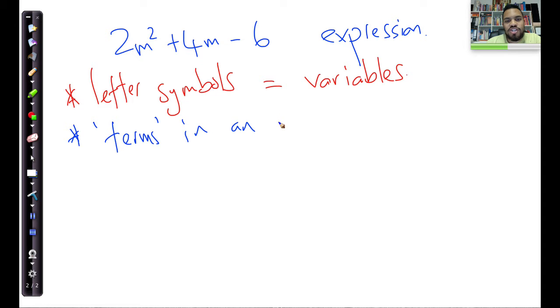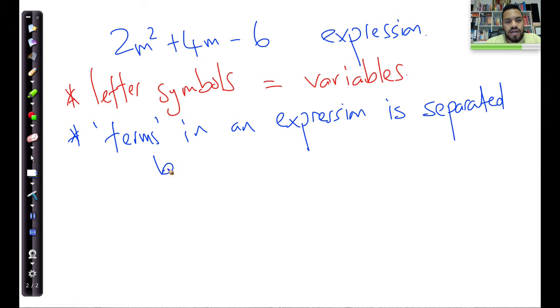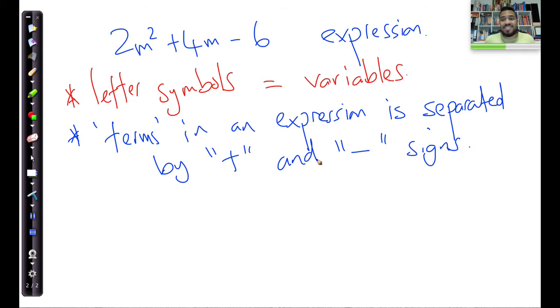Terms in an expression are separated by plus and minus signs. Do we all see that? Yes, it's separated by plus and minus signs.